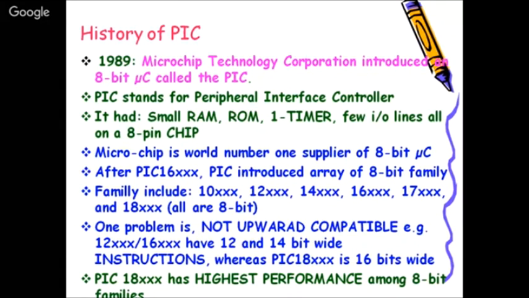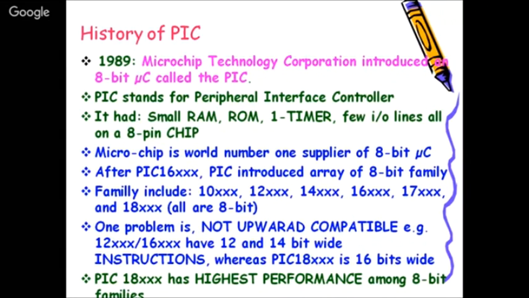There we'll understand this 14-bit wide, 12-bit wide, because in the case of Intel's 8051, it is an 8-bit word, that is used for data exchange or instruction exchange in RAM. Whereas you will see that in the case of PIC, it is different. It uses a 16-bit wide or 14-bit wide word count.